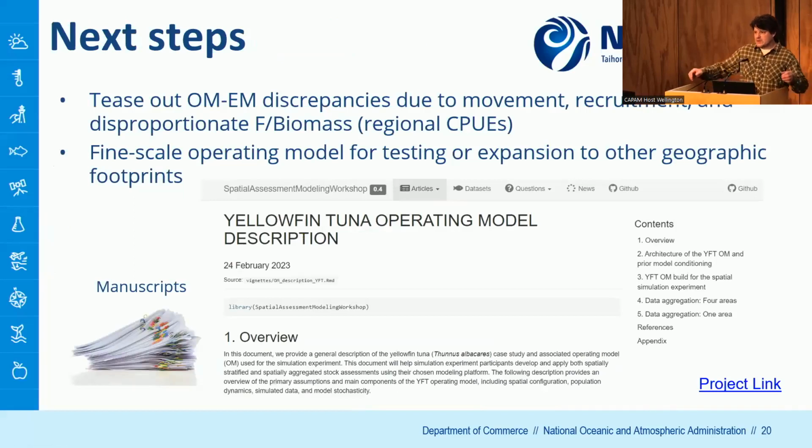So one of the next steps we're going to do is to really tease out some of those biases. If you squint on those first pages, we're getting pretty consistent results across all these different estimation models in terms of depletion and trends, but we're seeing differences among them and against the operating model, the truth, when you dive into the spatial differences.